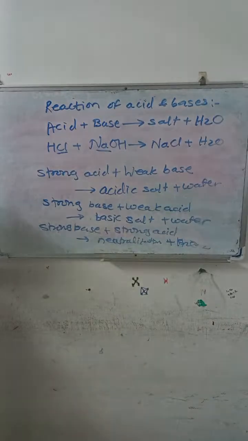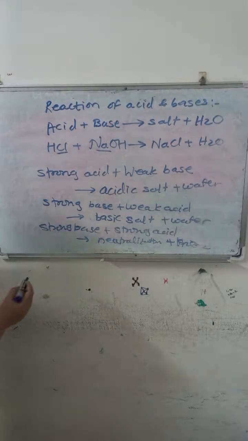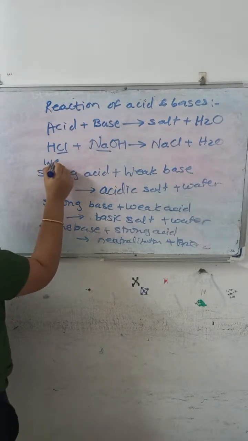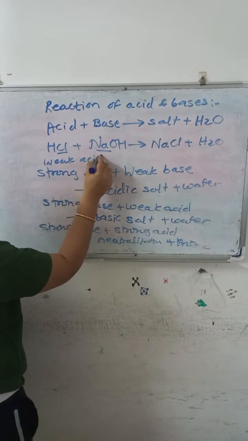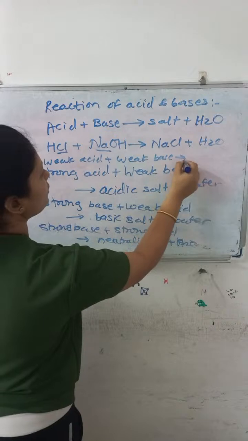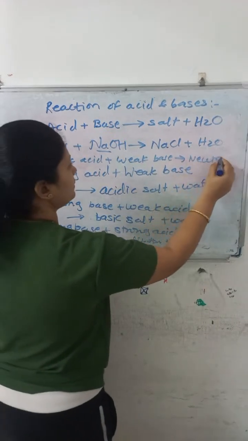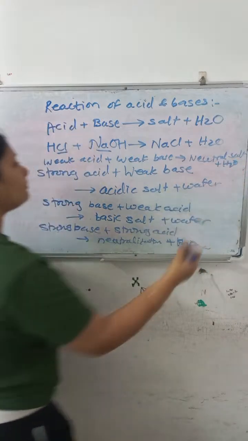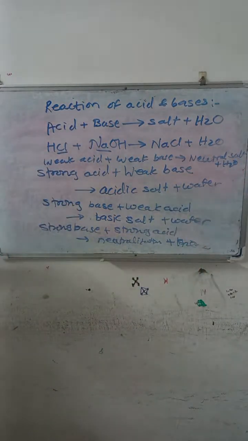So these are the possible reactions. If weak acid and weak base are there, then again neutral salt plus water. These are the possible skeletons for this reaction.